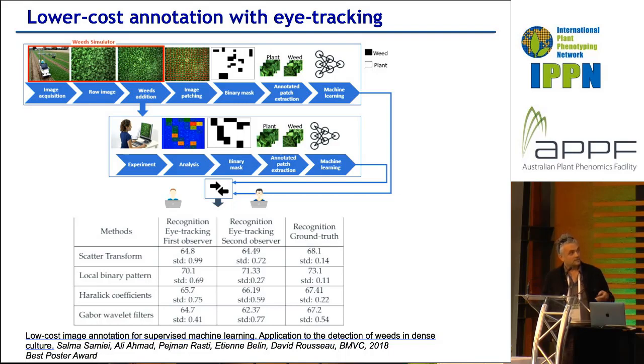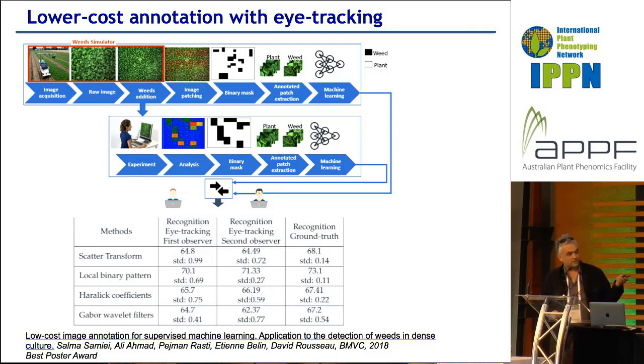Also, some very recent results that we got in our group are about how to reduce the cost of annotation. Usually annotation is done by hand, using the mouse to annotate the data. We recently tested how to take benefit of eye tracking systems, which are devices able to capture the position of the eye of a human annotator in front of an image.